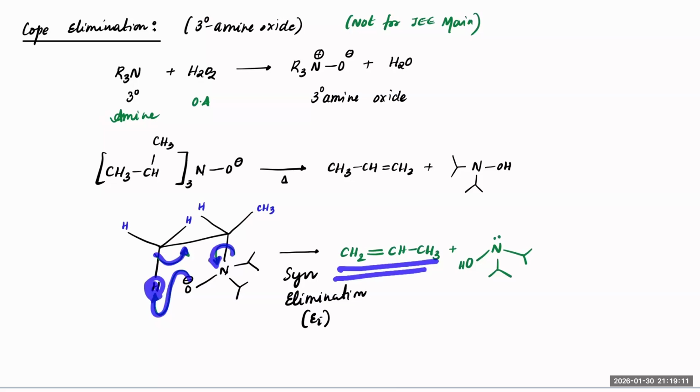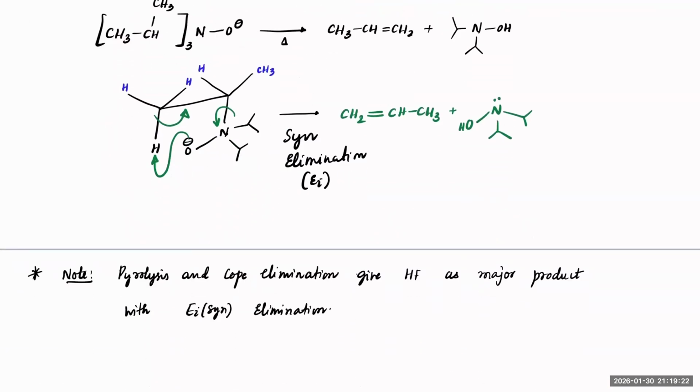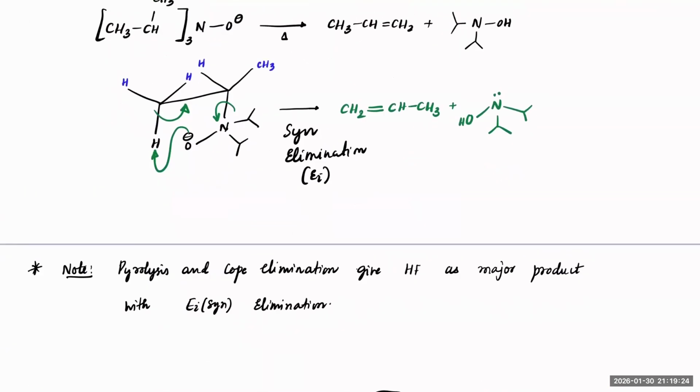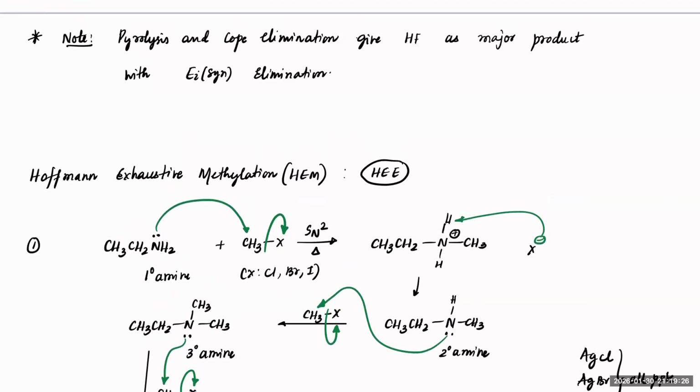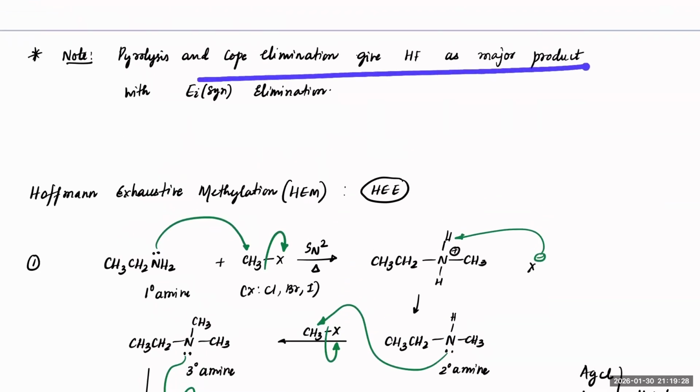So again, you will get a double bond formation. So here also syn elimination is observed, okay, and you will get this kind of alkene formation. So it is also a Cope elimination, okay. So you can see pyrolysis and Cope elimination both will give Hofmann product with an Ei elimination, everybody.